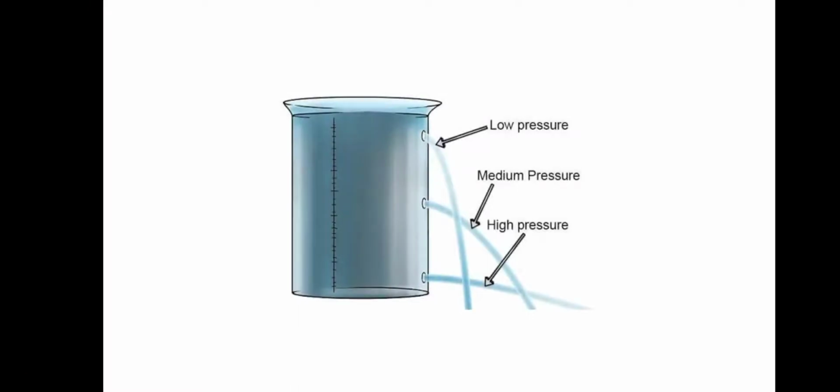If the pressure depends on the height, we can demonstrate this by taking a container with holes made at three different levels, and filling it with liquid. At this point, where the depth from the surface up to this point is only this much, the pressure becomes low.